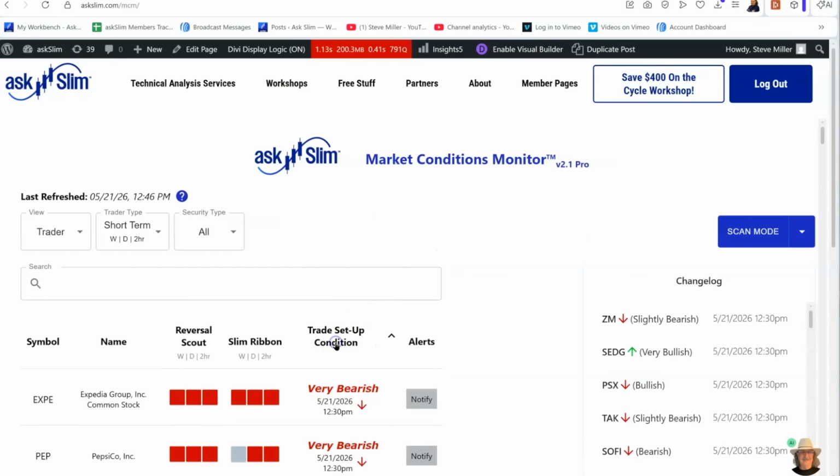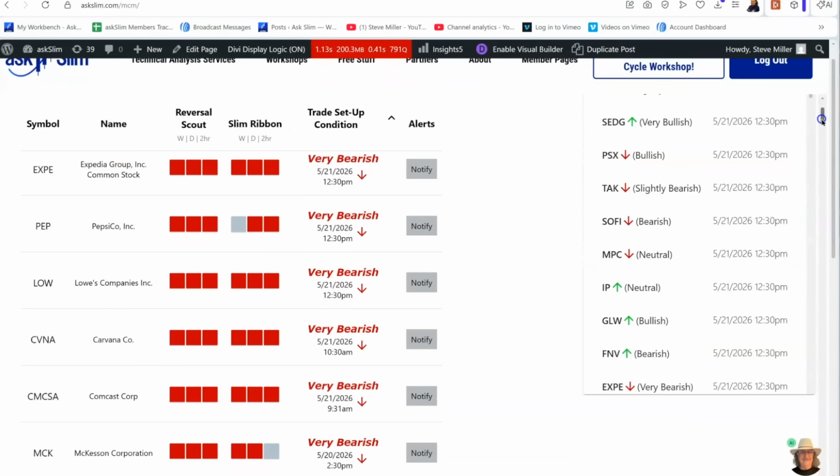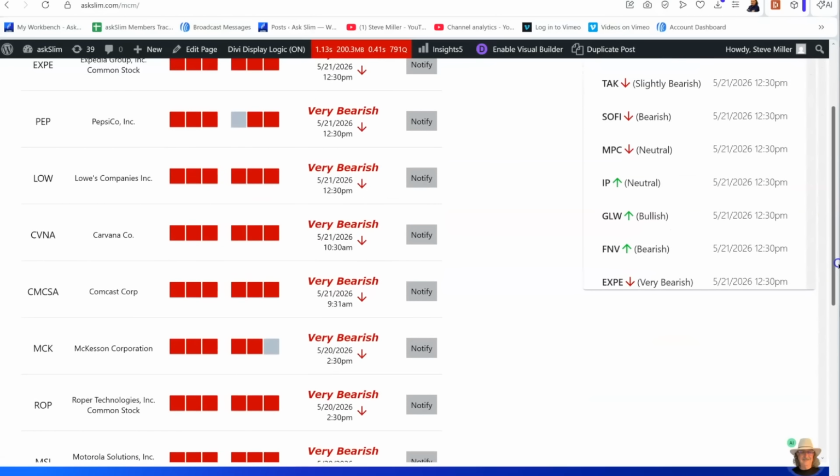And if I click on trade setup condition again and look at the ones that are very bearish, you can see right there Expedia, very bearish, Pepsi, Lowe's, a lot of retailers are not looking specifically great. Maybe Walmart, of course, has been a different case. Carvana, Comcast, McKesson, those are all very bearish when you look at that.